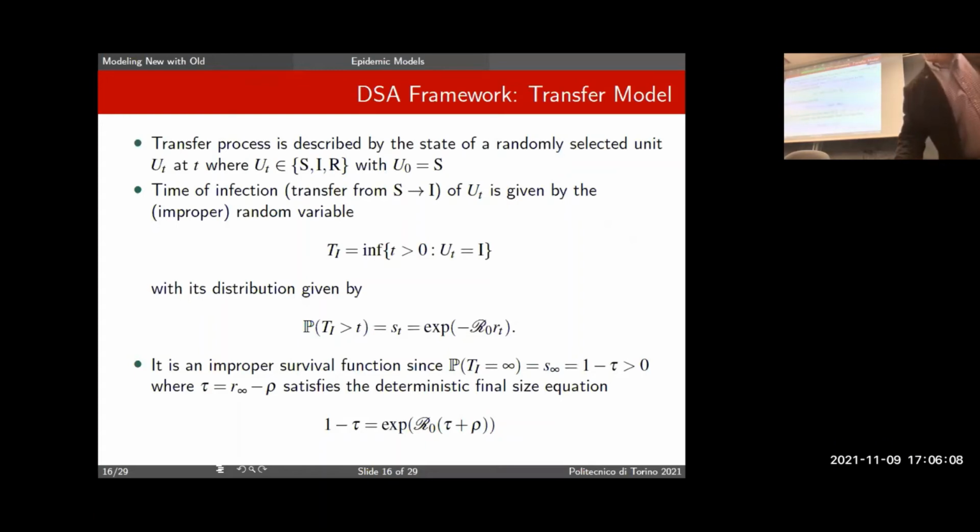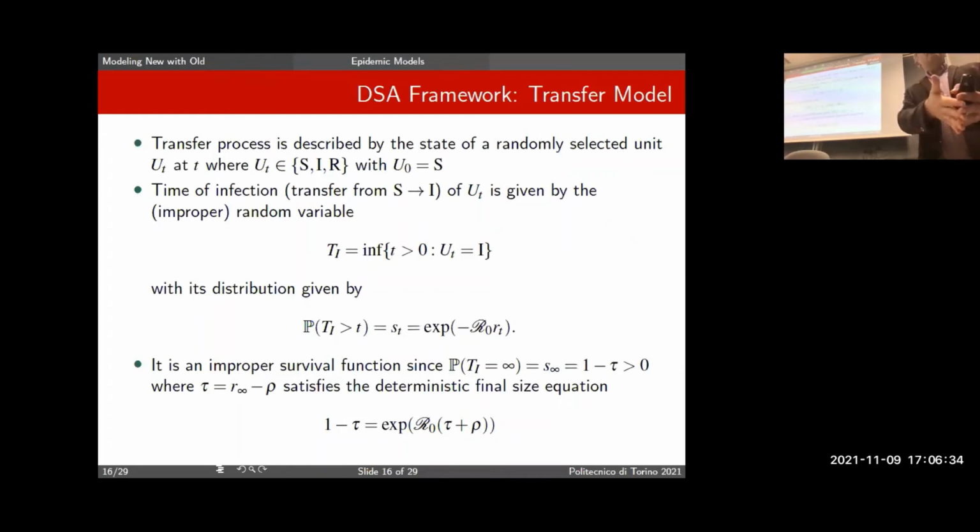So I can just focus on a single individual and say your probability of being infected by time t is basically little s of t, or with some adjustments. Another way of thinking about this is that I am really interested in something that I call the transfer process. So I am now forgetting about my population. I'm looking at the single individual, and this single individual has the following choices.